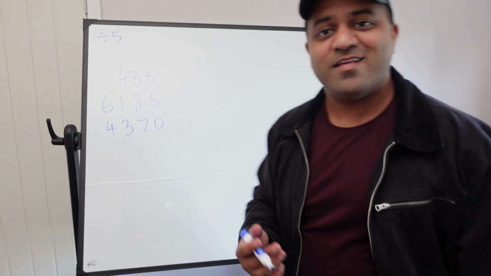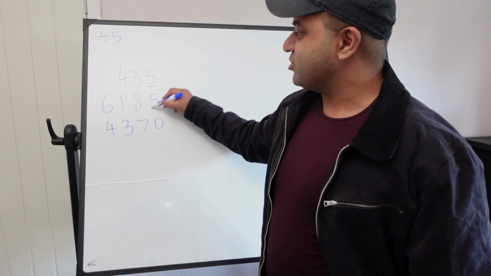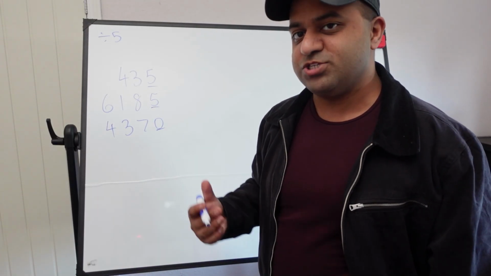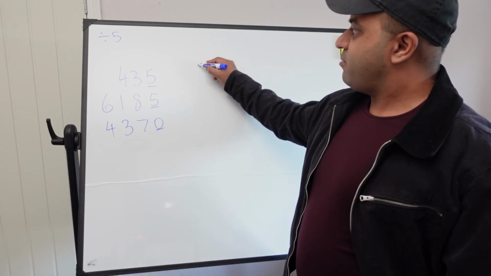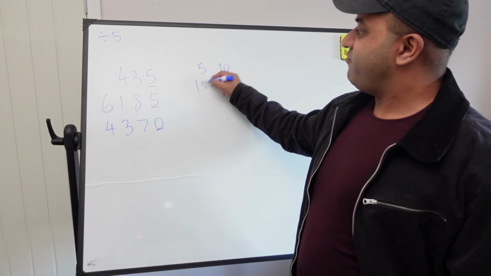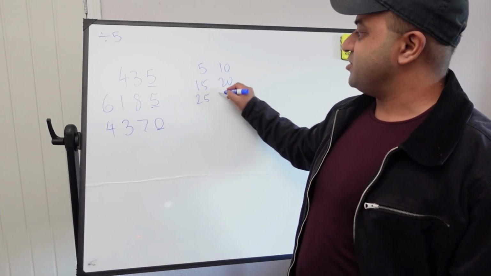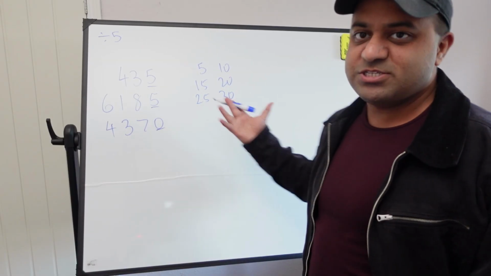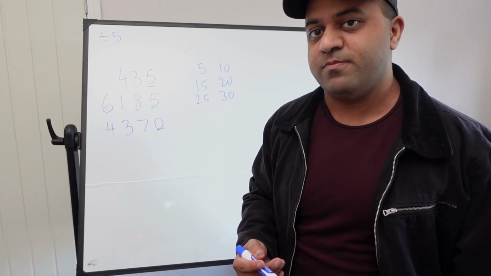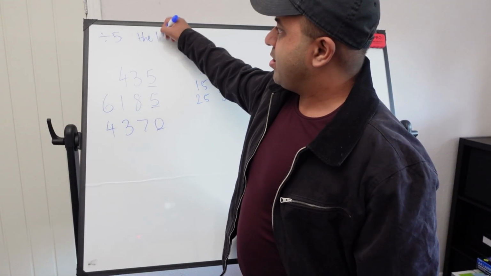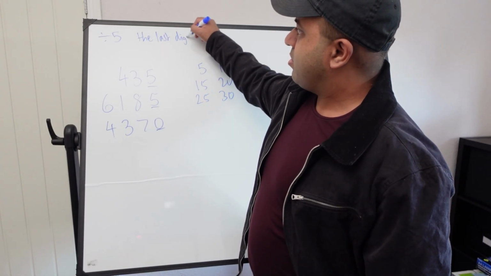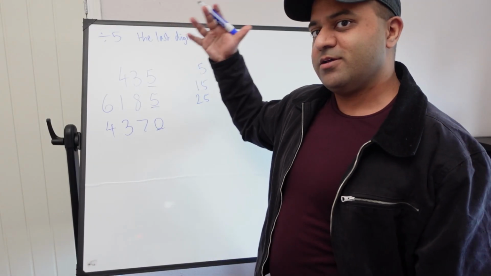It is that the last digit is either a 5 or a 0. Very easy. If you look at the 5 times table, 5, 10, 15, 20, 25, 30, you can see how the pattern keeps repeating itself. So let's write that down. The last digit is either 0 or 5.